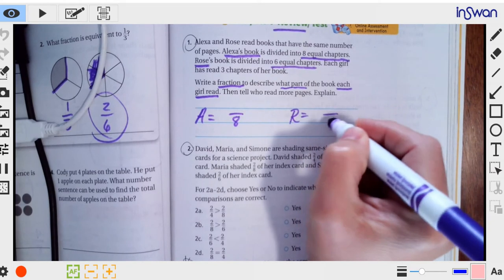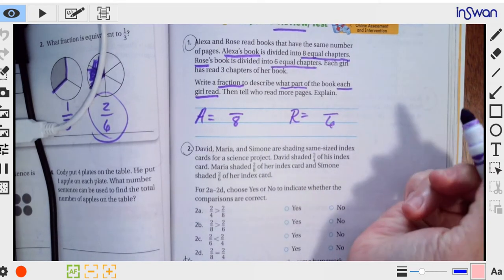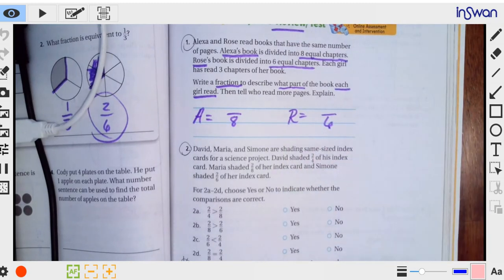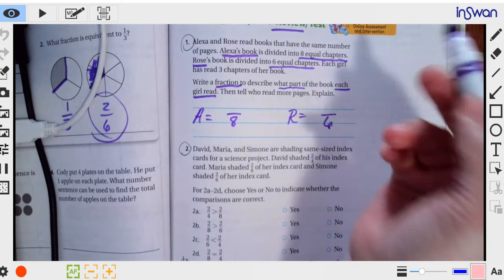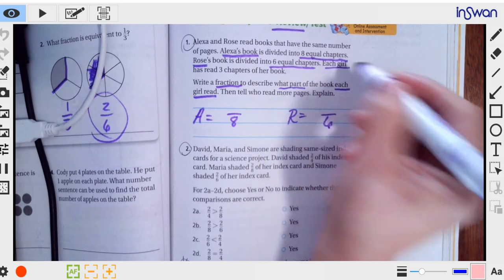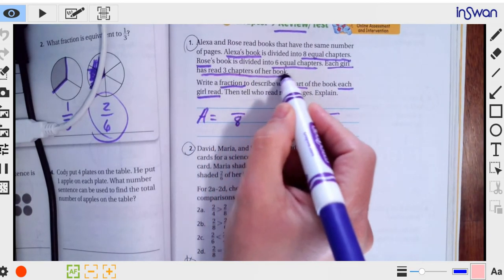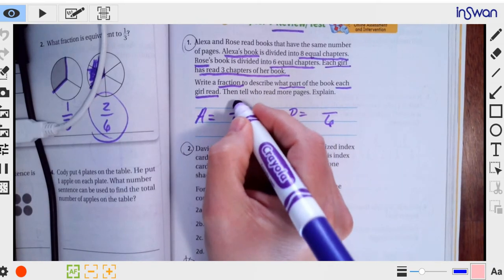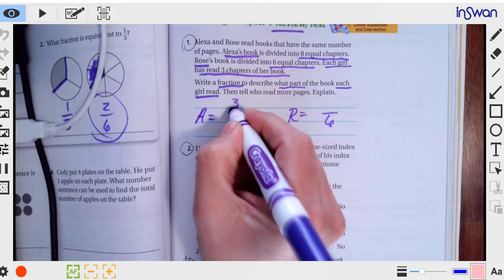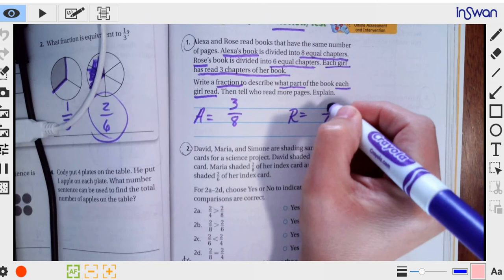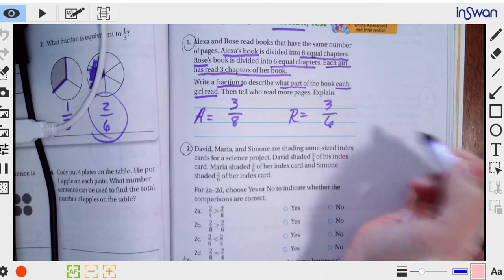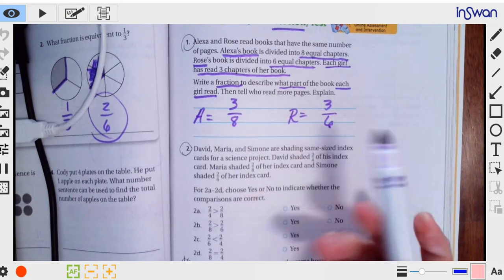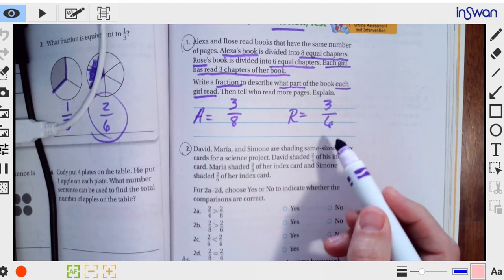So I'm going to make that a 6. The entire book was divided into 6 parts. Now it says each girl has read 3 chapters of her book. Well, that means that Alexa read 3 out of the 8 and Rose read 3 out of the 6. So now we know Alexa read 3/8 and Rose read 3/6.